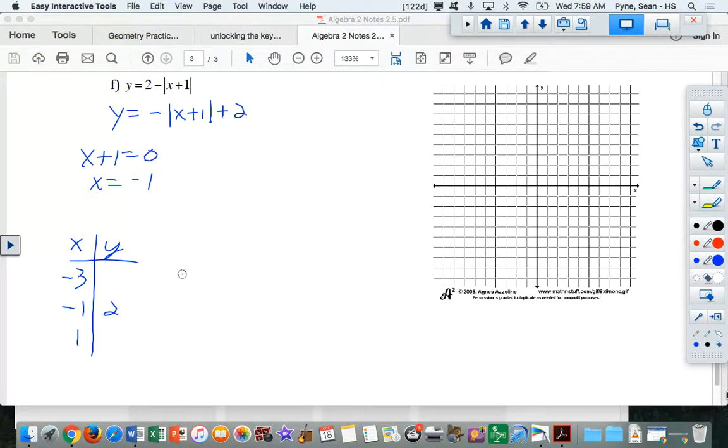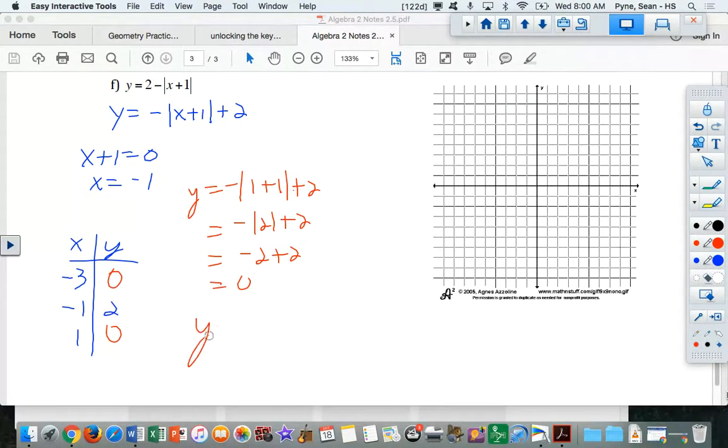All right, plug in. Let's go for 1. 1 will be easier. Y equals -1 plus 1 plus 2... -2 plus 2, 0. So when I plug in -3, I should be getting 0.